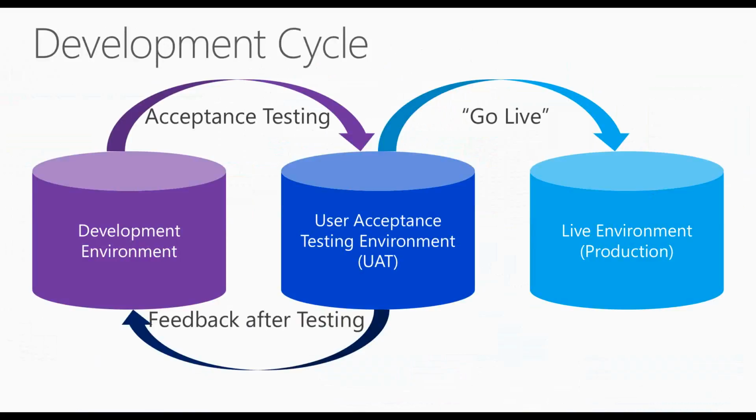So they might have one environment where they're testing all of their integrations to make sure nothing has broken there. Another where they're staging everything, maybe doing some user acceptance testing before it goes live, and then bringing all those CRM changes into a live environment. So what's really great about CRM is we have solutions as a way of moving our customizations through all of these environments.